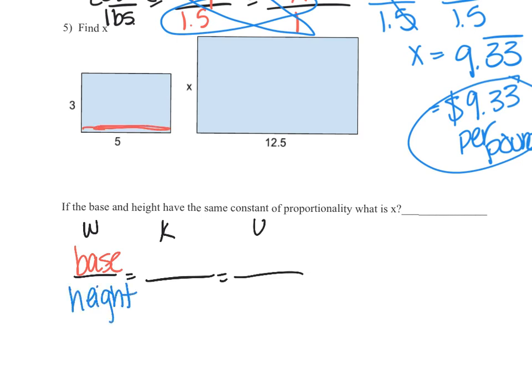So my base is the number going across the bottom, and my height is my one going up and down. So I know my base of the smaller rectangle is 5, and my height is 3. So I want to know the height of this bigger rectangle that has a base of 12.5.